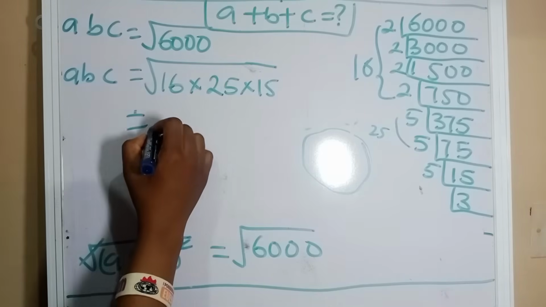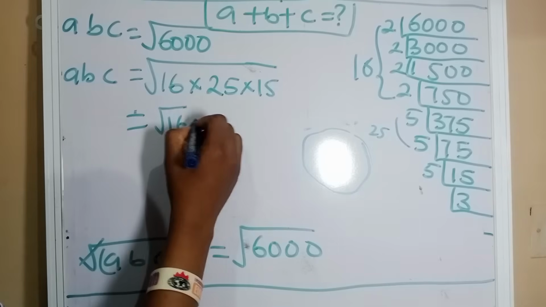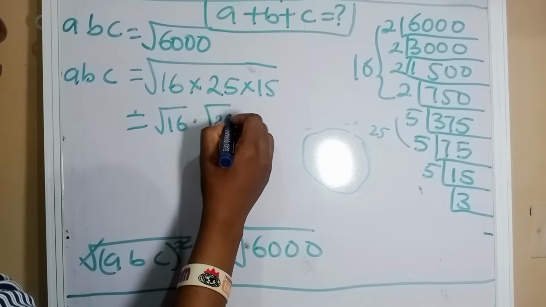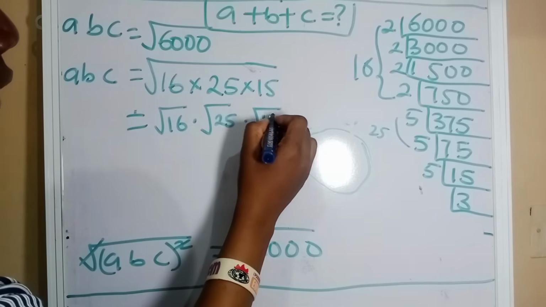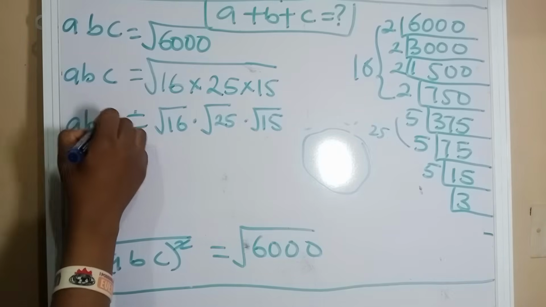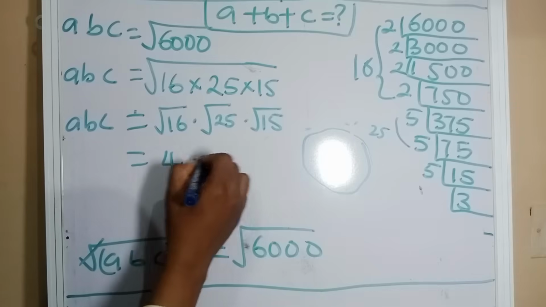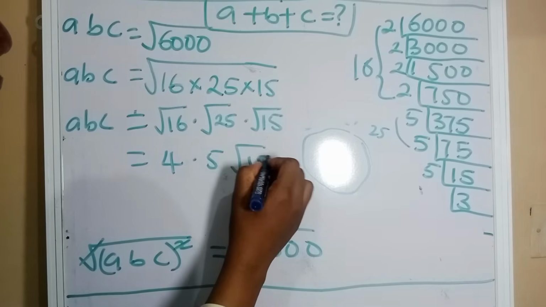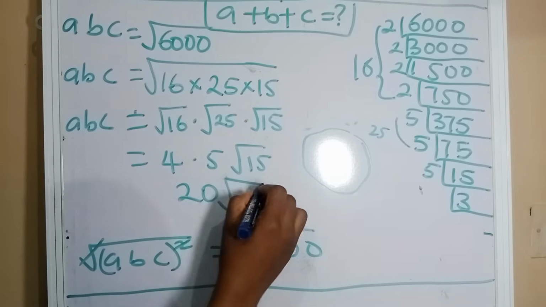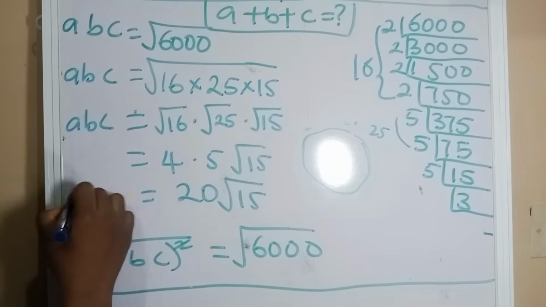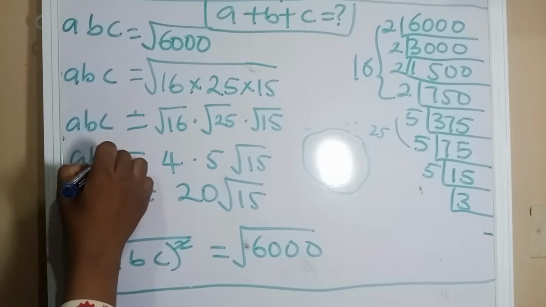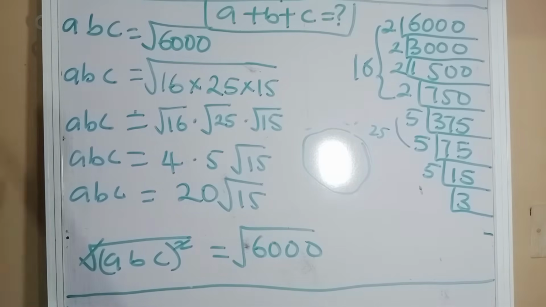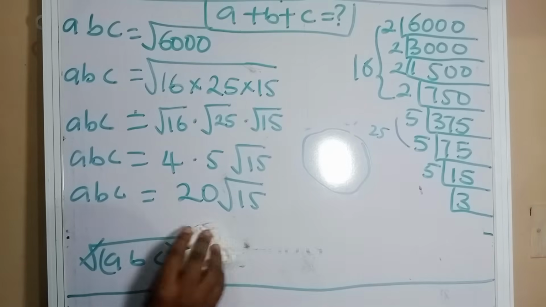And this will give us the square root of 16, the square root of 25, the square root of 15, ABC. This will give us 4 times 5 times the square root of 15. This is 20 root 15 as ABC. So now we've gotten to this point.